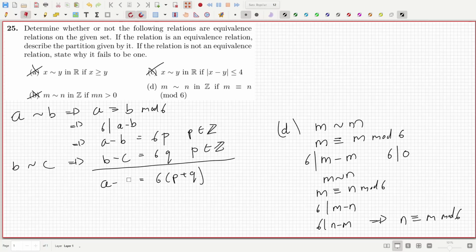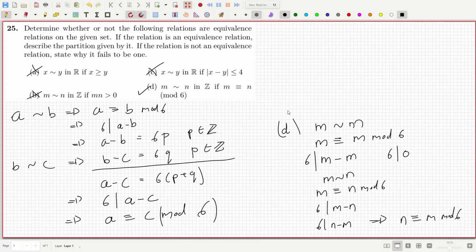So that would mean that 6 does indeed divide into a minus c, which would lead us to a congruent to c mod 6. So that looks like it's transitive.